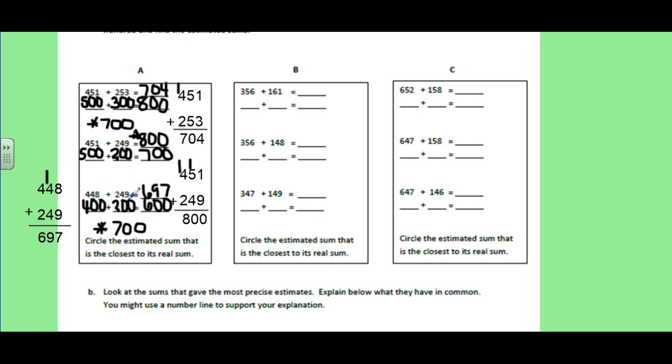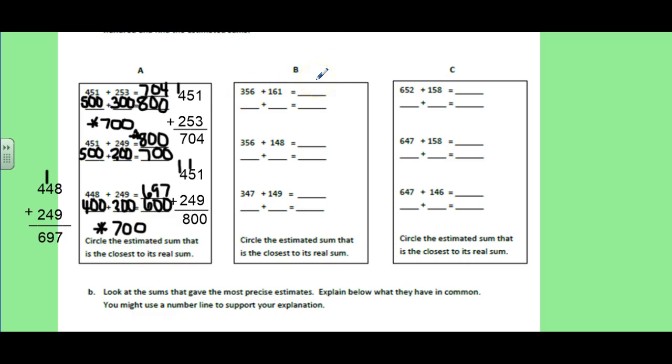So if this said 250, we would have been able to round that to 300 instead of 200. And our answer probably would have been 700. So that's why rounding can sometimes make it difficult. Sometimes it's a lot easier just to add the actual numbers together, find the actual answer, and then round it and see what you get to your closest estimate.